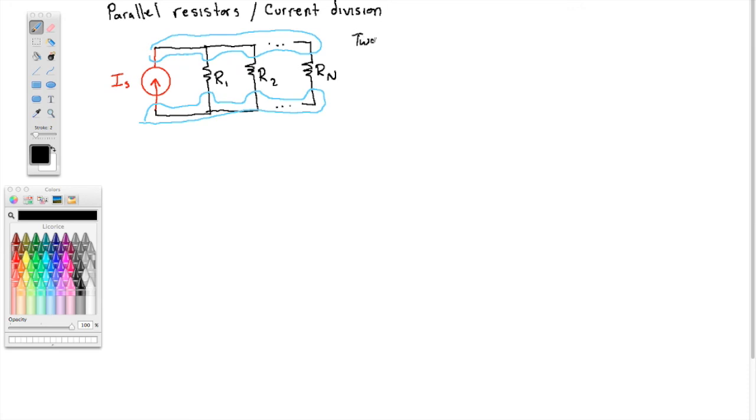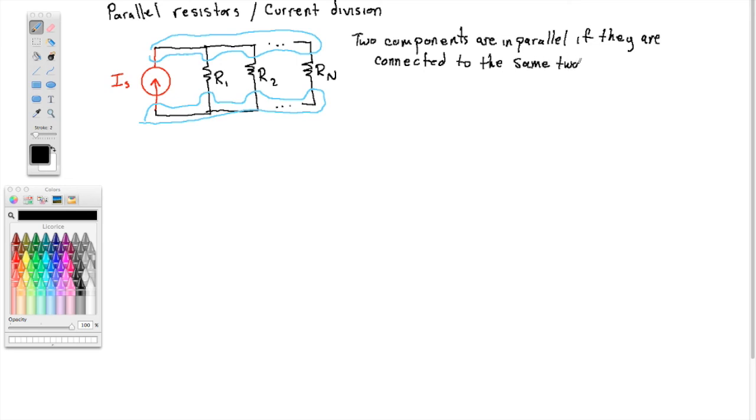Two components are in parallel if they are connected to the same two nodes.